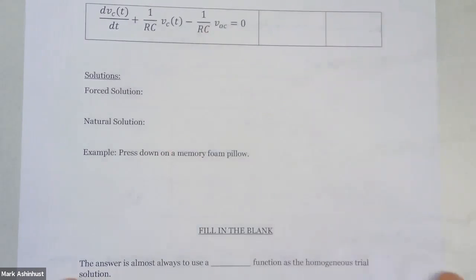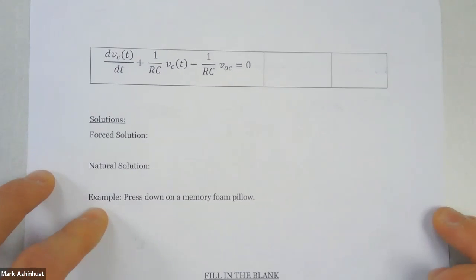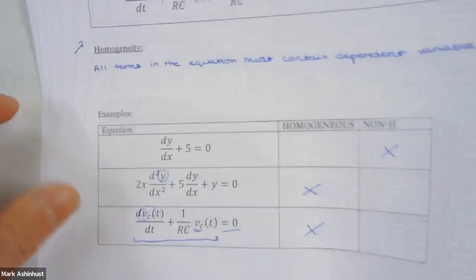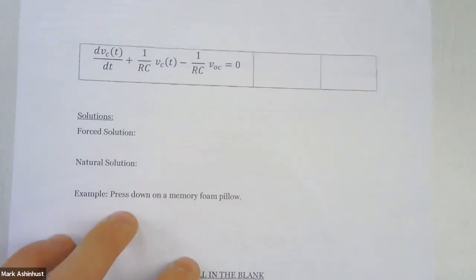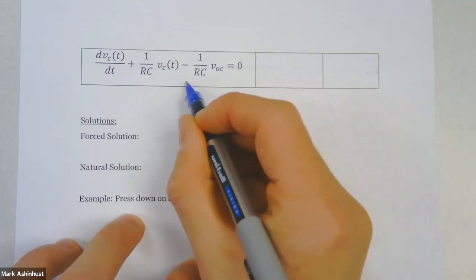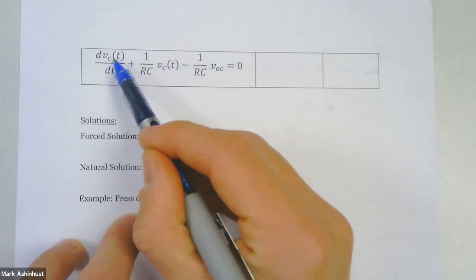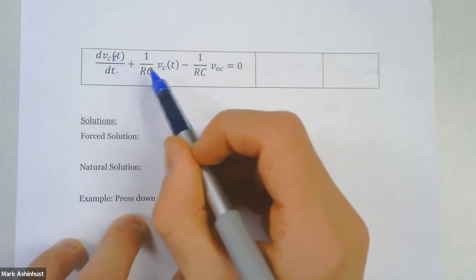Oh, and then I did include the full last equation. So now we look at what we did here, and it's in both of them. So this is now the same equation, kind of, but we have this extra part. The vC of t is still our dependent. So it's in the first one, in the second.